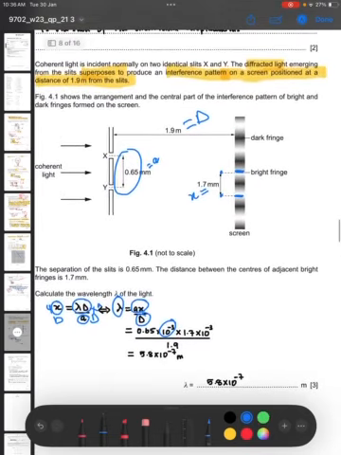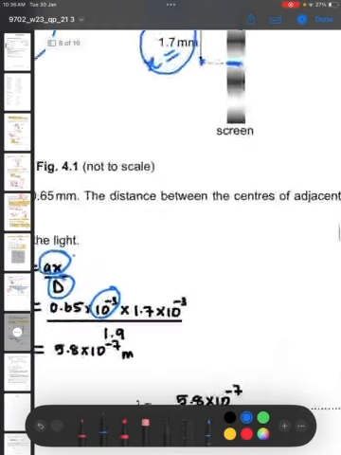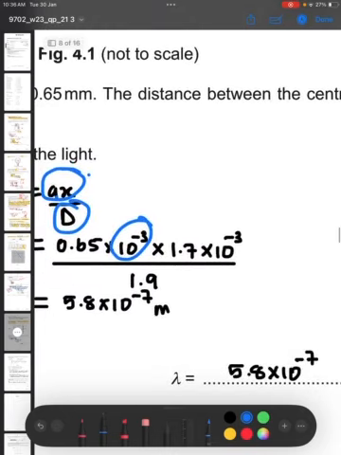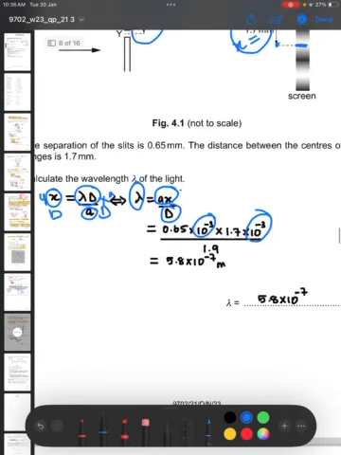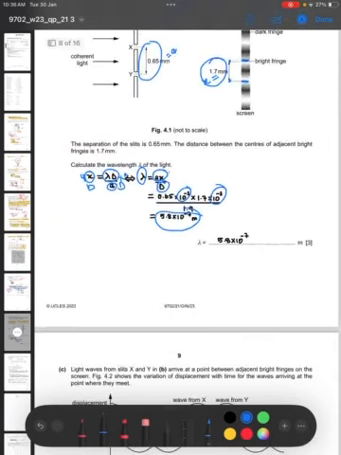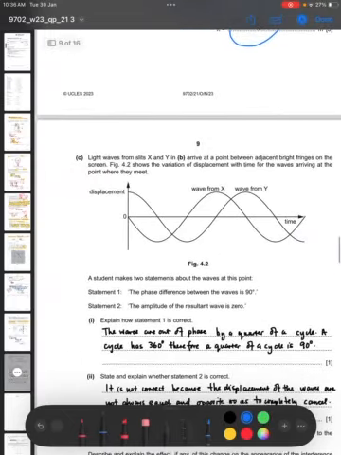We have X on the numerator, 1.7 millimeters, multiplied by 10 to the power of minus 3 to change it to meters. Then we divide by D, which is in meters. This gives us 5.8 times 10 to the power of minus 7 meters. That's our wavelength there.